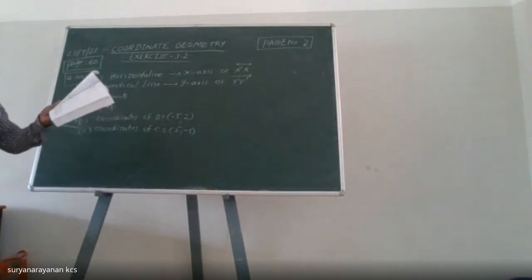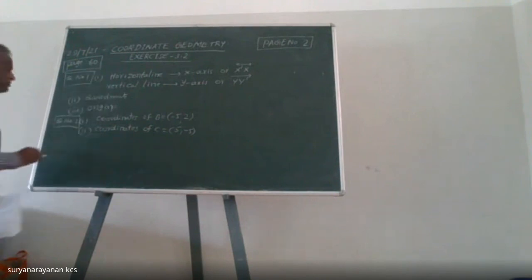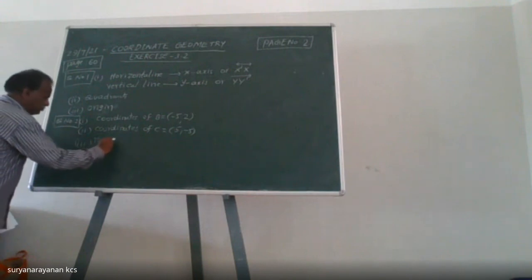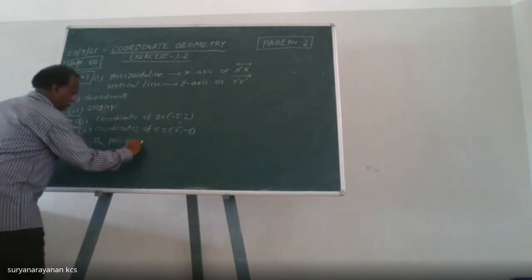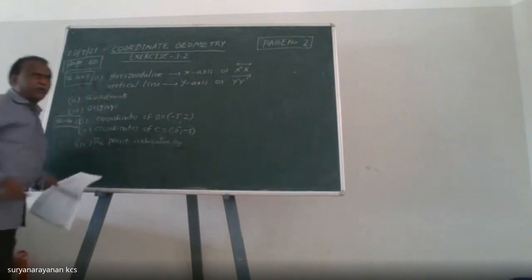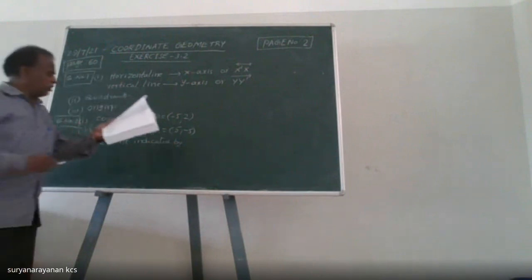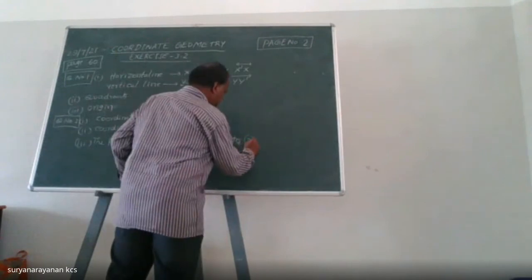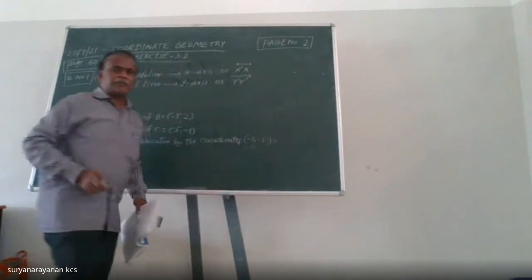The point indicated by the coordinates minus 3 comma minus 5. What is the point here? Tell me.